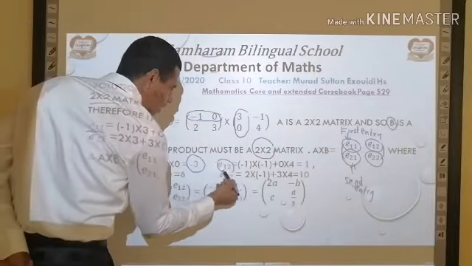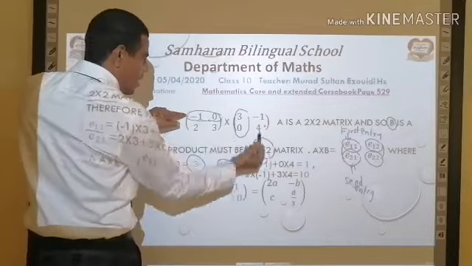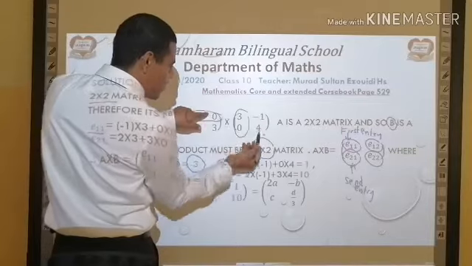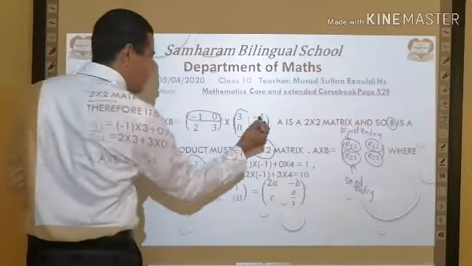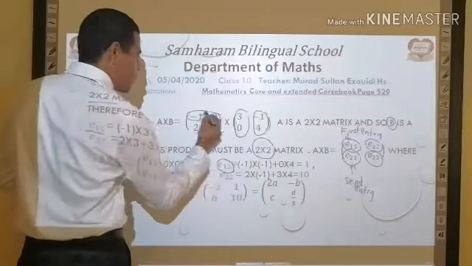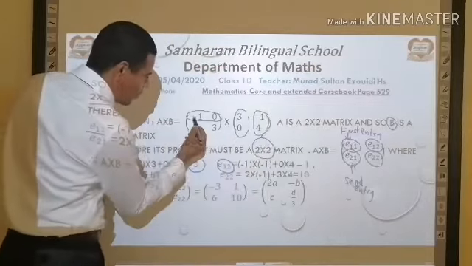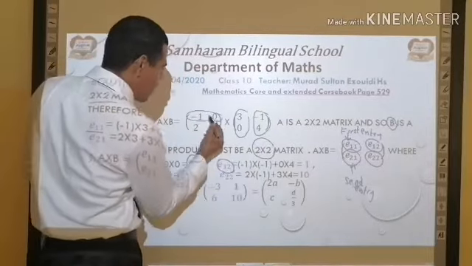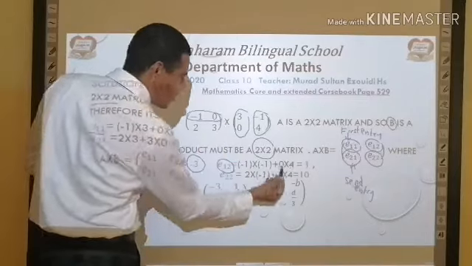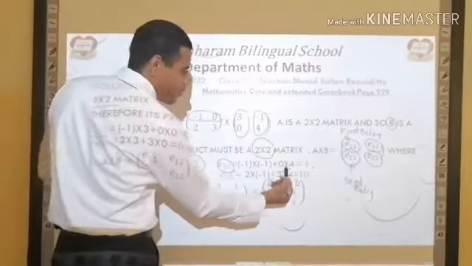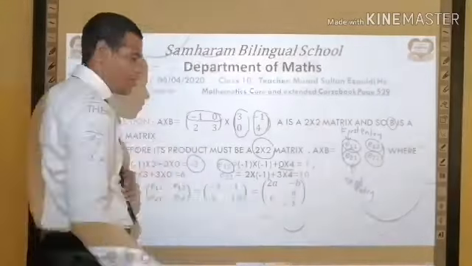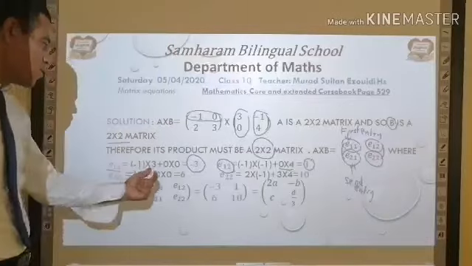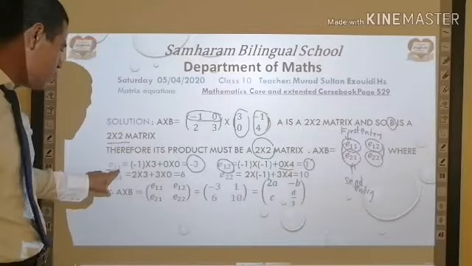I will multiply the first row by the second column, so negative 1 multiplied by negative 1, plus 0 multiplied by 4. 0 multiplied by 4, my kids, is 0, no need to write. Then negative 1 by negative 1 gives 1.